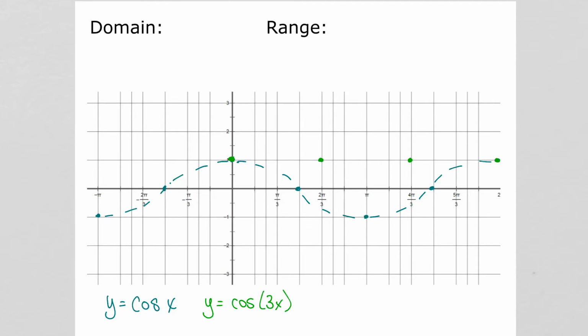So what's going on is between here and here, we have to go down and back up. So halfway through there, we have to go down to -1. And then between 0 and pi over 3, so at pi over 6, we have to be at 0.